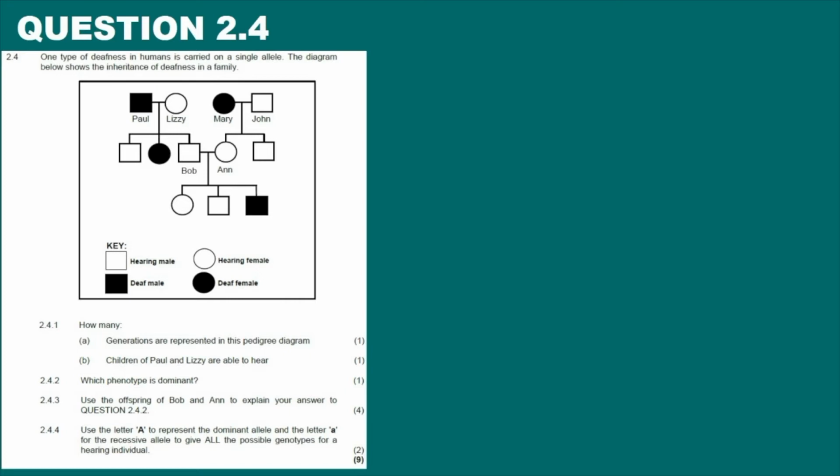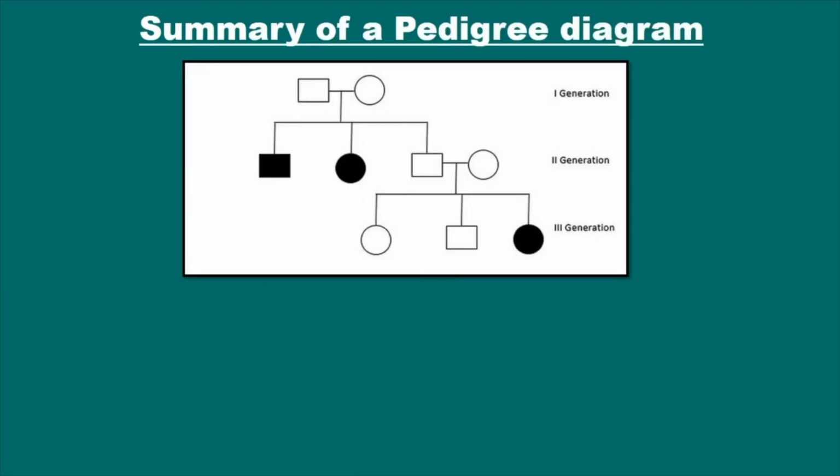So before we read the questions, let's look at the summary of a pedigree diagram. So this is not very complex. It's something that you have to remember, is that a pedigree diagram does not necessarily mean that it is a sex-linked genetic disorder. It does represent male and female, but you need to pay careful attention here.